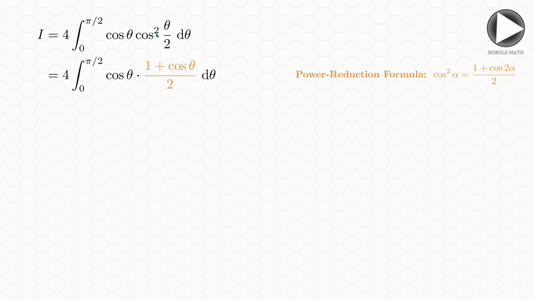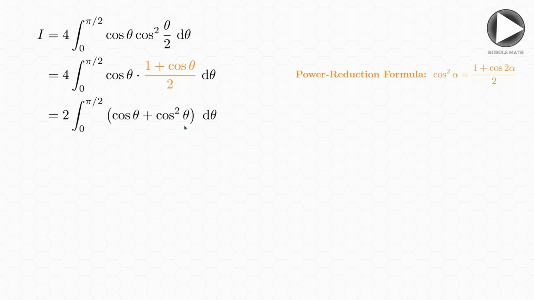So cosine squared theta over 2 is equal to 1 plus cosine of theta all over 2. Then we multiply out the coefficients, so that's 2 coefficient here, and distribute this cosine theta. We get cosine theta plus cosine squared theta as a new integrand.